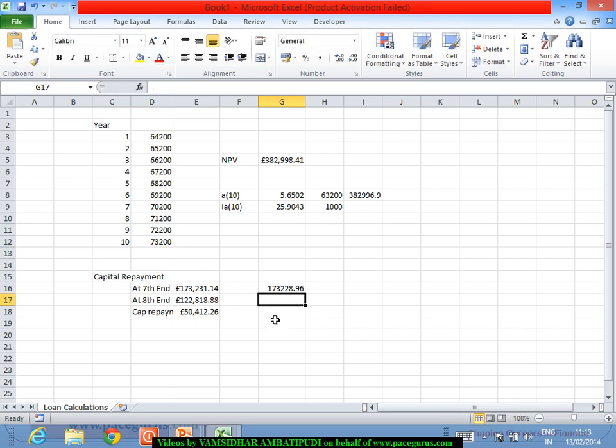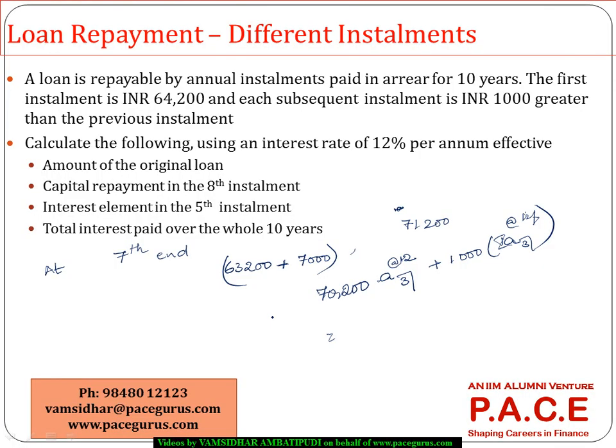Similarly at the end of 8th installment, if I want, I could make this as 71,200 A2 at 12% plus 1000 IA2 at 12%, right? Because 72,200 and 73,200 are the two installments that are pending. So I could create this kind of a form.